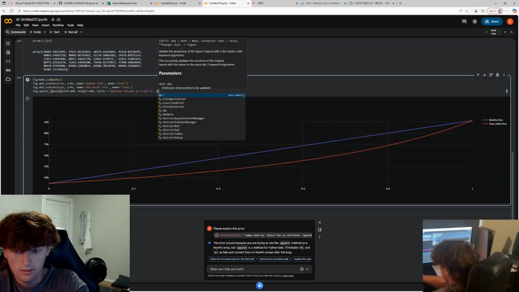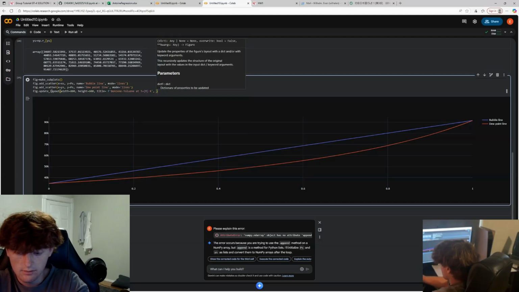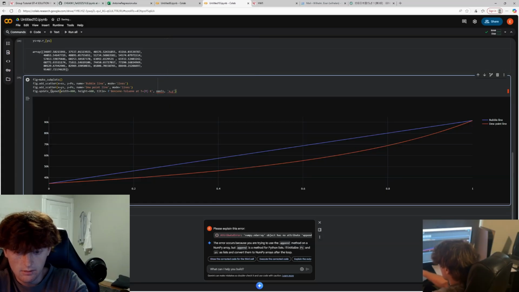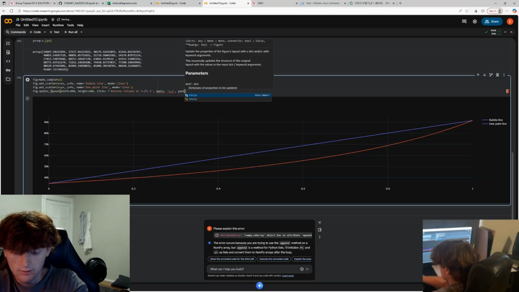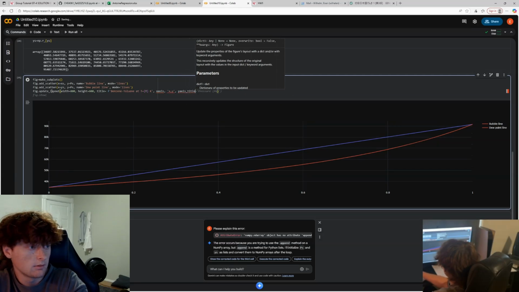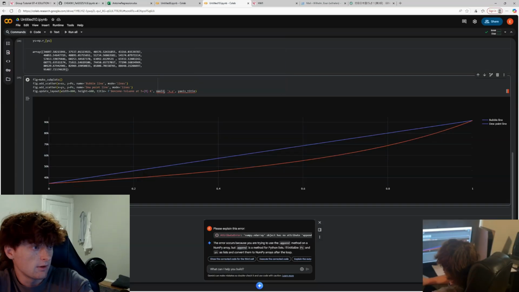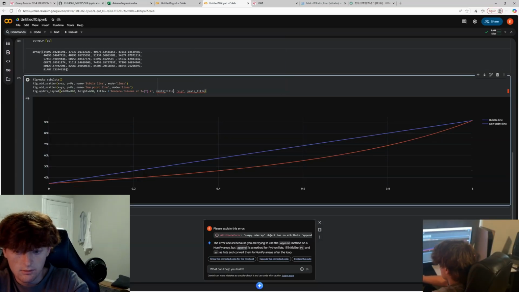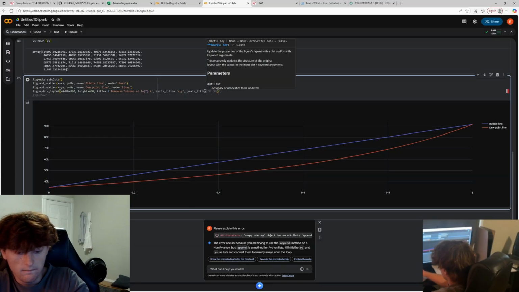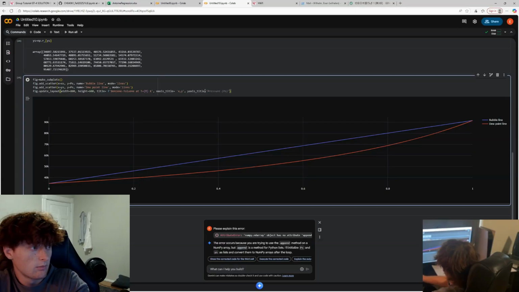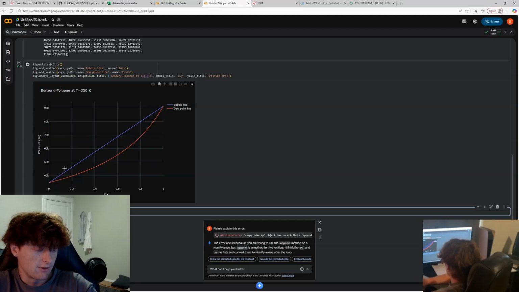Then our x-axis title is x, y, and our y-axis title, x-axis title equals. Okay, so yeah, that makes it look a little bit nicer.